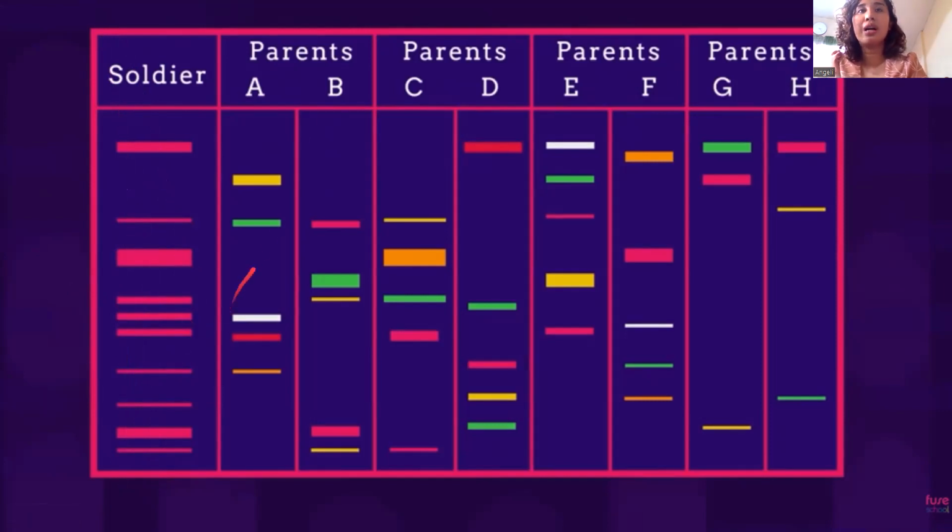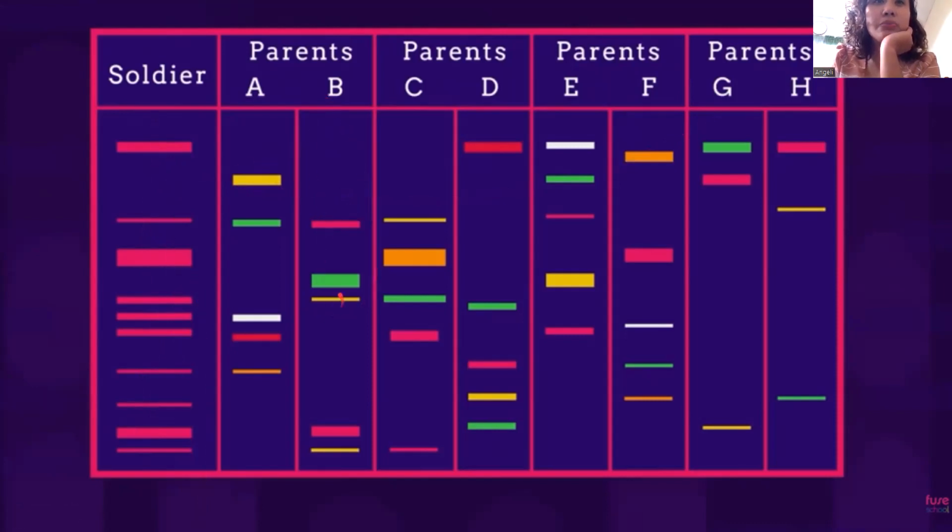Okay? So, aling parents? Parents AB, parents CD, parents EF, and parents GH. Kaya, ang most probably parent ni soldier. So, dapat 50% nito sa nanay, 50% nito sa tatay.